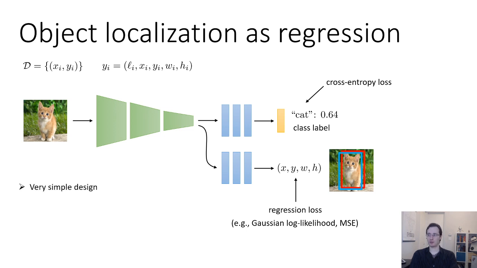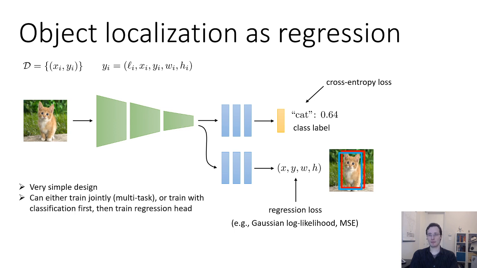All right. Now, this is a very simple design. You can either train jointly, multitask, or train with classification first and then train a regression head. This kind of works. It works okay. But by itself, usually this is not the approach that most really effective localization methods will use, and we'll discuss why in a second.